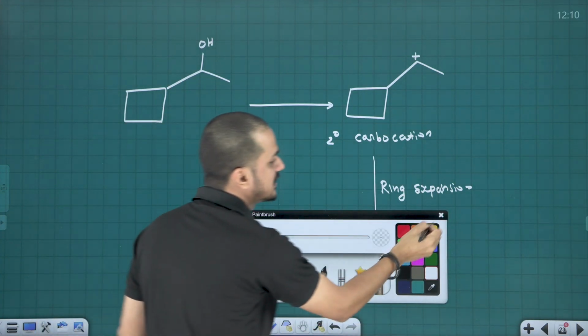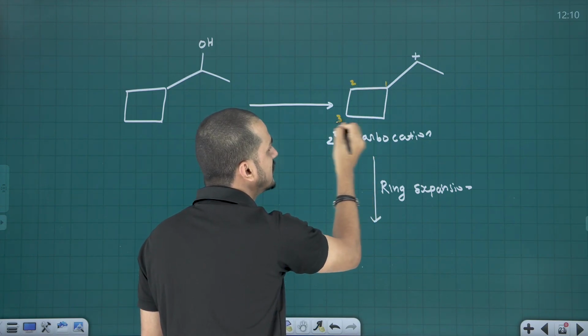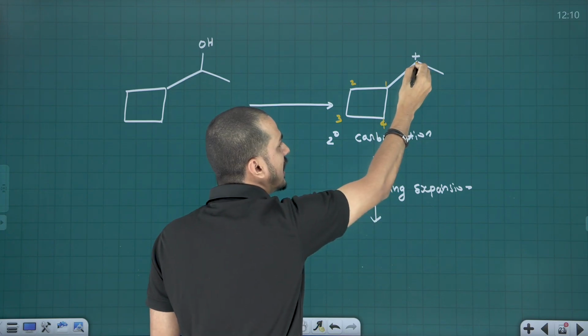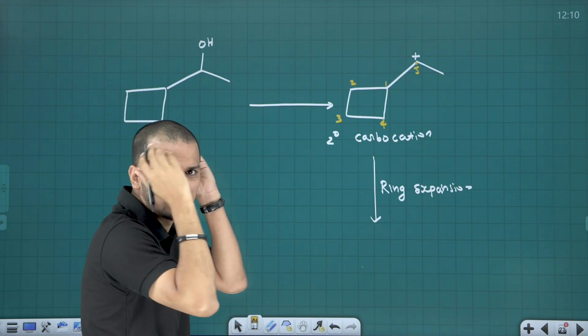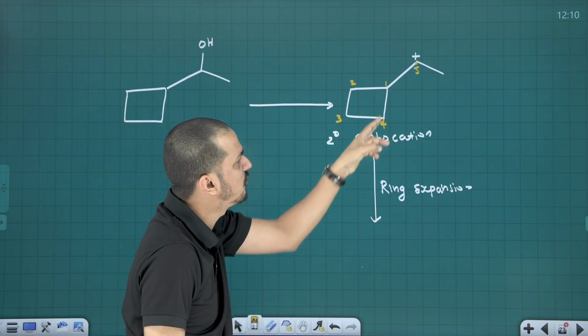How will it expand? I am numbering this 1, this is 2, this is 3, this is 4. I am simply giving some numbers to identify, no particular order. The fourth position will go and connect with 5.